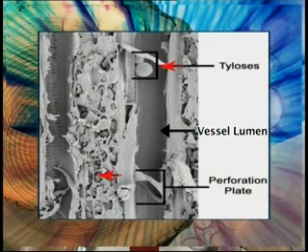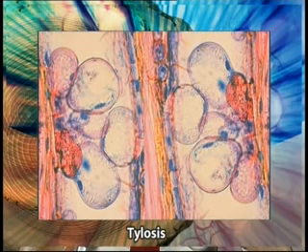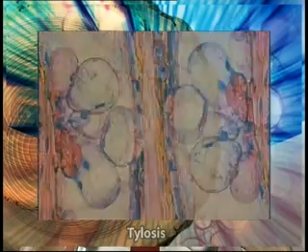These outgrowths are called tyloses, and the parenchyma cells that give rise to them are referred to as contact cells because they literally are in contact with vessels. Tyloses are often induced to form prematurely by plant pathogens and may serve as a defense mechanism by inhibiting the spread of pathogen throughout the plant via xylem.